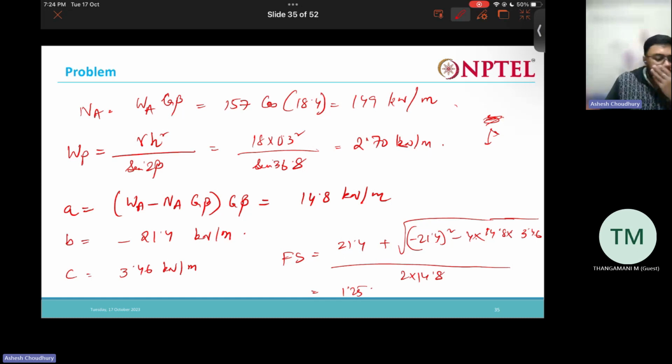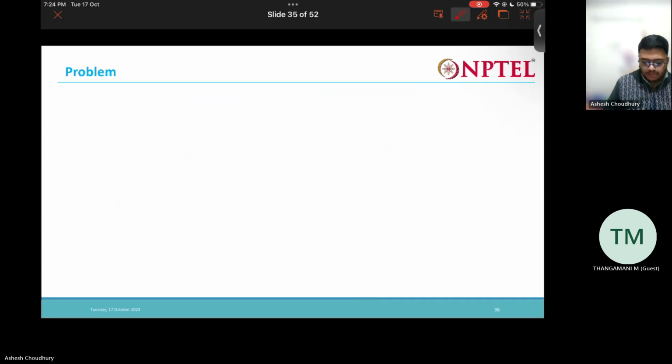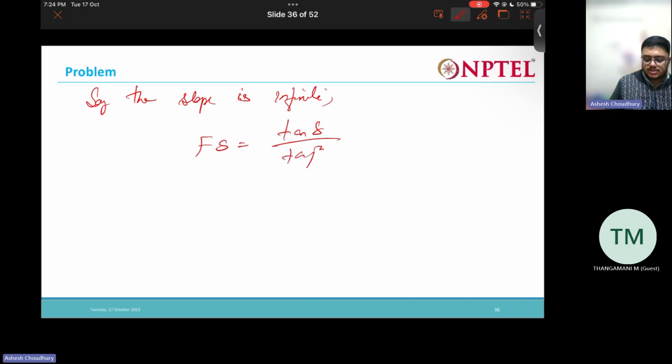Now say we consider an infinite slope. Say the slope is infinite. Then what is the factor of safety? Simply this.